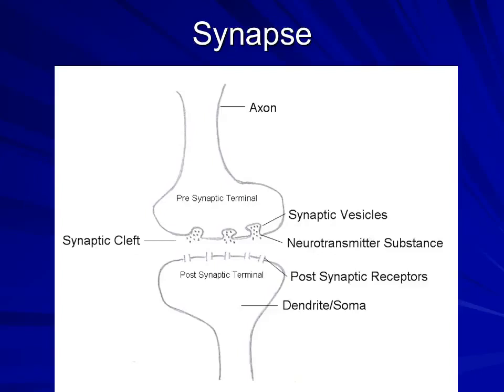When they pull in to the synaptic cleft and get close to that dendrite, they're going to open up and dump the neurotransmitter substance into that cleft. Then the postsynaptic terminals, which are vesicles within the dendrite, are going to receive that information and then send it to the cell body.